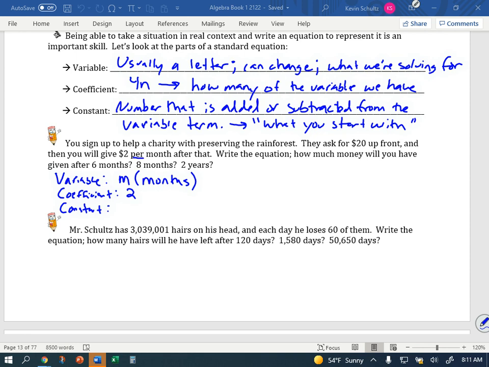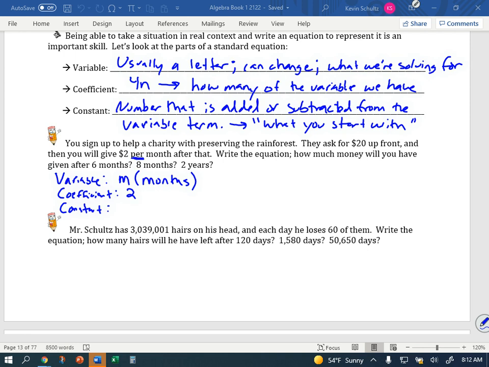This word right here is important. The word per, each, or every will very often connect your coefficient with your variable. If you're ever looking for coefficient and variable, look for the words per, each, or every. Okay? And then what's our constant here?